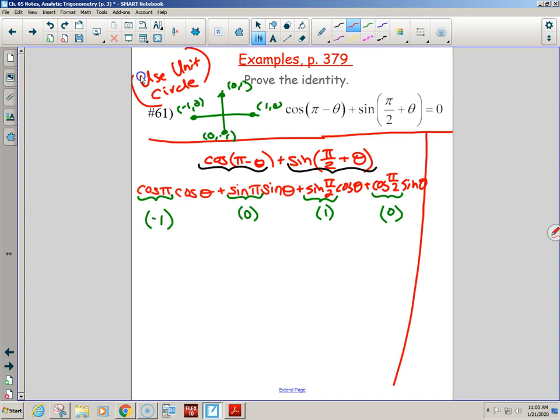If you are a sine and cosine graph kind of person, maybe you could remember that sine at pi over 2 is up, so it's 1. Sine at pi is in the middle, which means 0. Cosine at pi is negative 1.